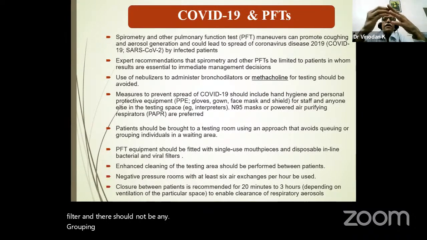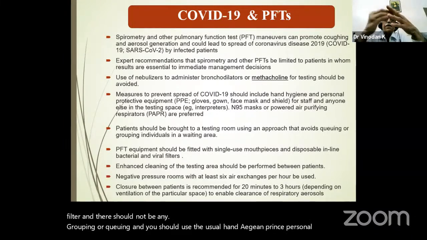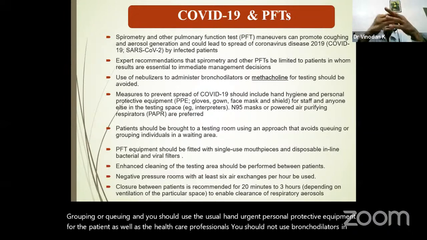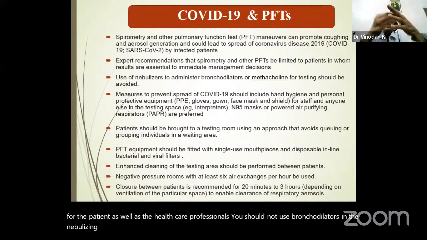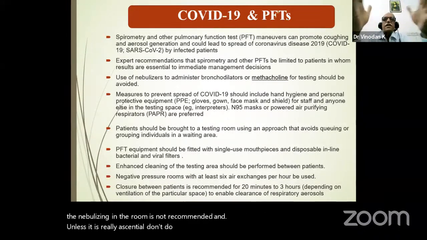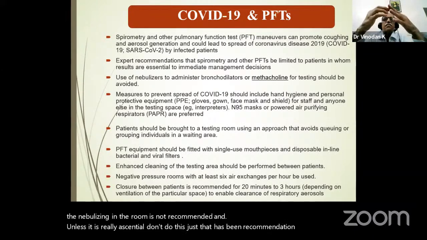Use the usual hand hygiene and personal protective equipment for the patient as well as the healthcare professionals. You should not use bronchodilators, so nebulizing in the room is not recommended. And unless it is really essential, don't do this test. That has been the recommendation.